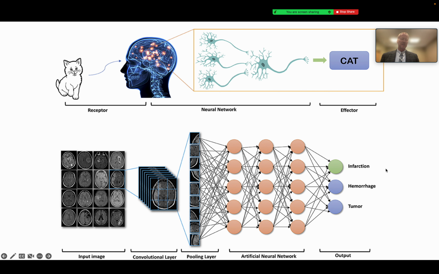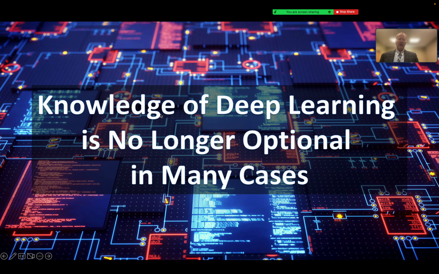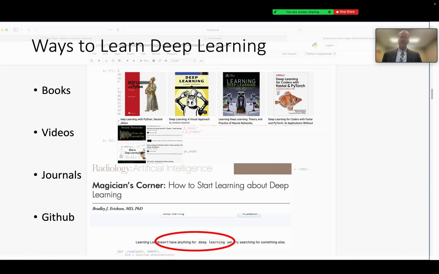In the case of medicine, we might be more interested in deciding if there, for instance, was an infection or a hemorrhage or a tumor within these images. I think that increasingly knowledge of deep learning is simply not optional for those of us who are practicing medicine, and that's going to become ever increasingly true.